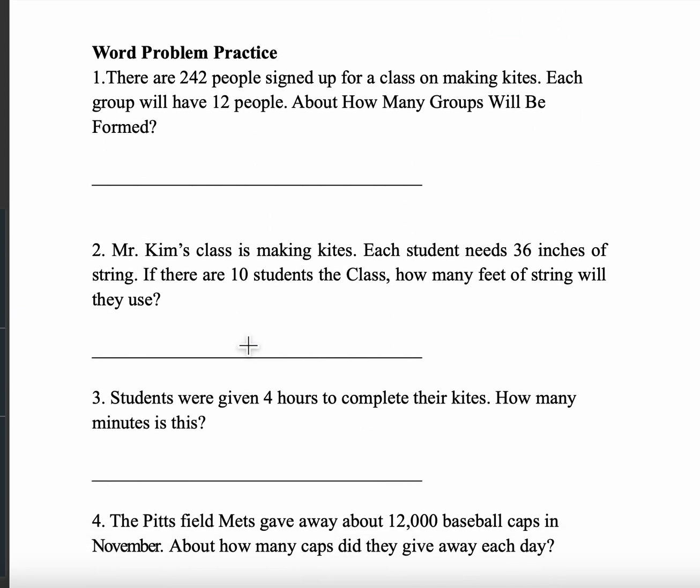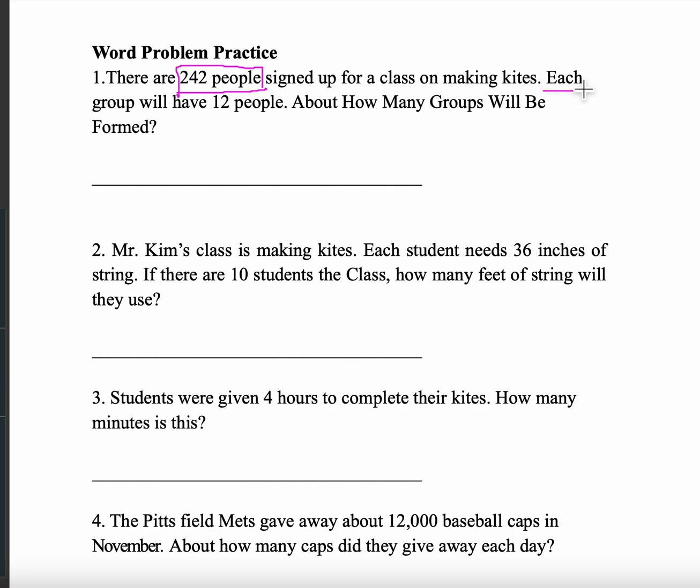And then for the last page, let's just continue with number 1. It says there are 242 people signed up for a class on making kites. So in total, we have 242 people who signed up.